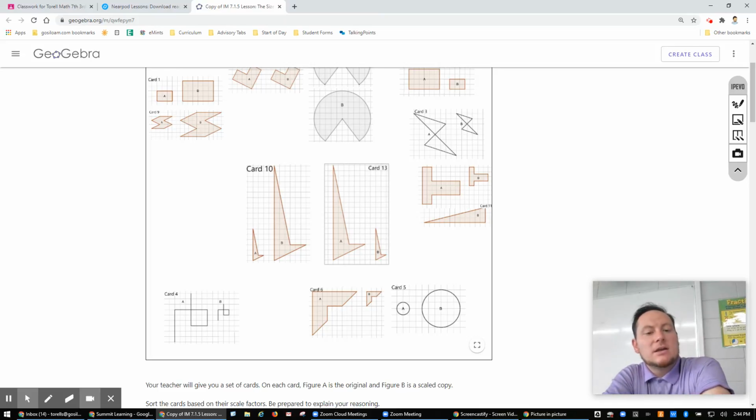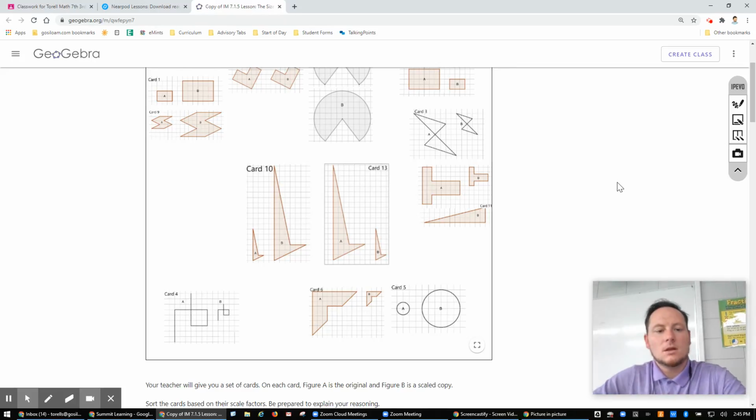Well, if you said that they look like they're the same, just kind of reversed: card 10 is scaling up from A to B, and card 13 is scaling down from A to B, you'd be correct, because it looks like it's doing the same thing. What it's showing you is that you can go both directions.